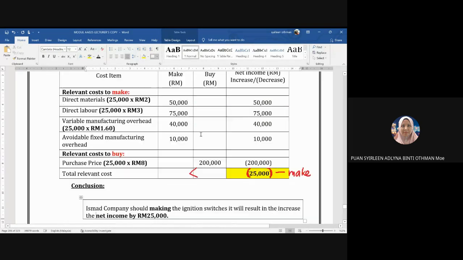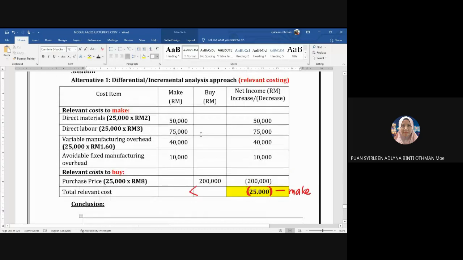Awak tengok ya. Ini, kalau kita tengok betul-betul, jumlah di sini, dia ada total kan? Jumlah dia ialah 175,000 kalau kita make. Okay, tapi kalau kita buy, jumlah yang kita perlu bayar ialah 200,000. Nampak kan?